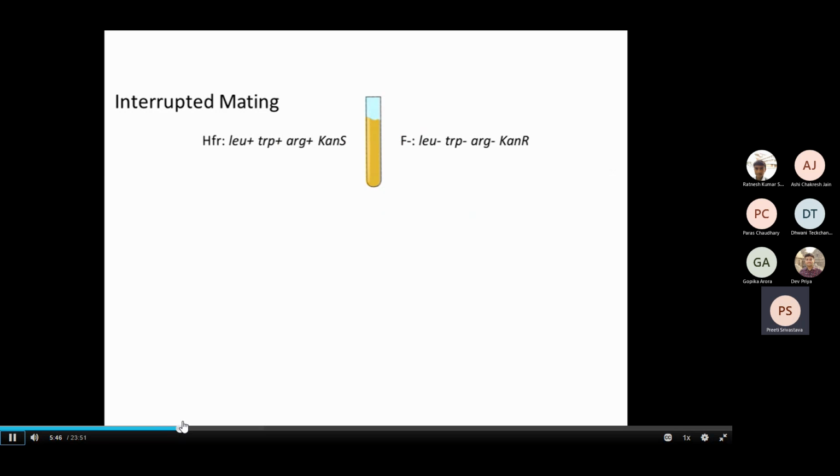So now we have our tube that contains both the HFR and the F- cells in the same physical space, allowing for conjugation to happen. And then at different time points, we're going to take samples from this conjugation mixture and plate it out onto different media conditions.